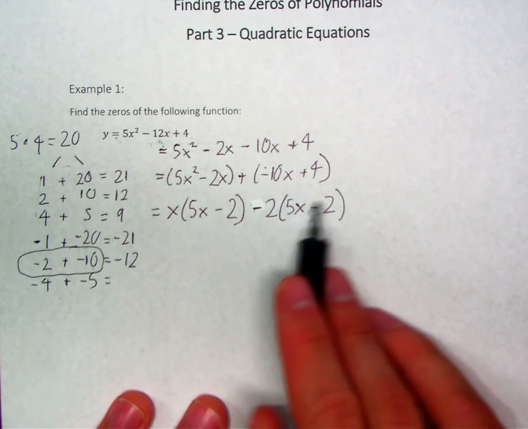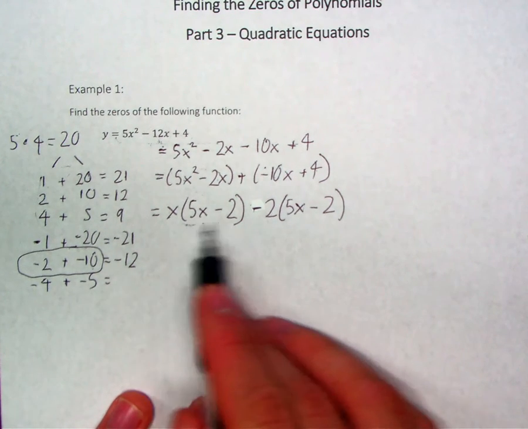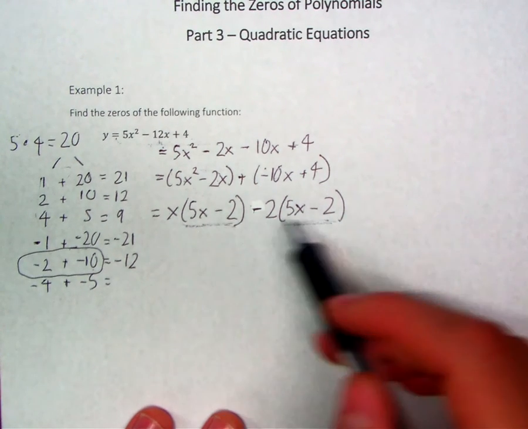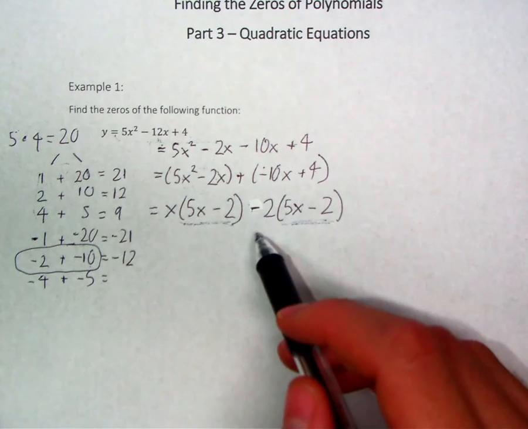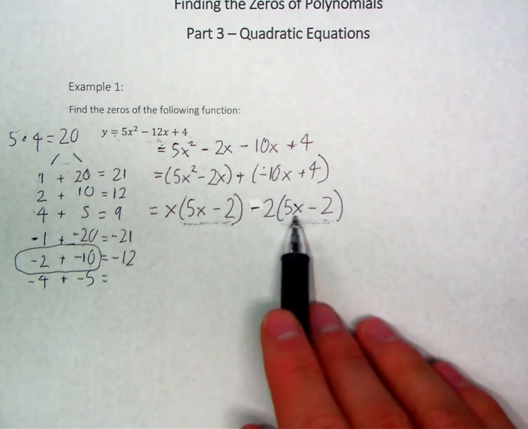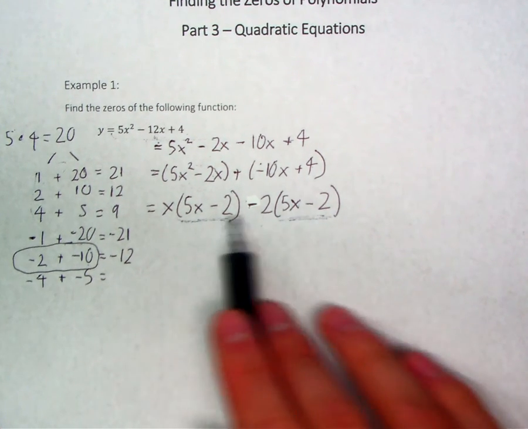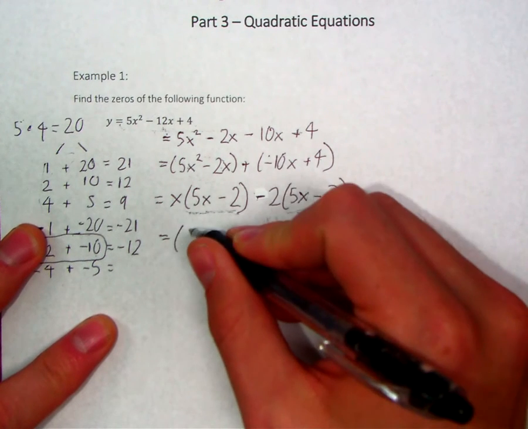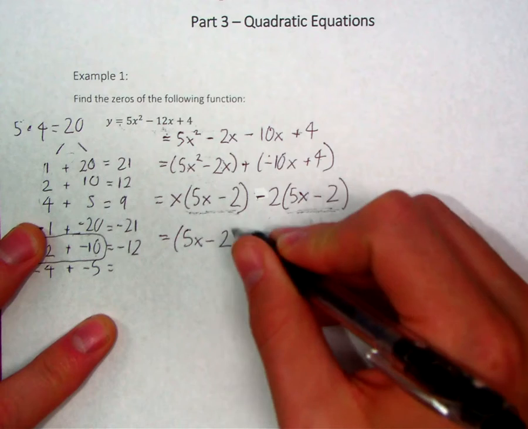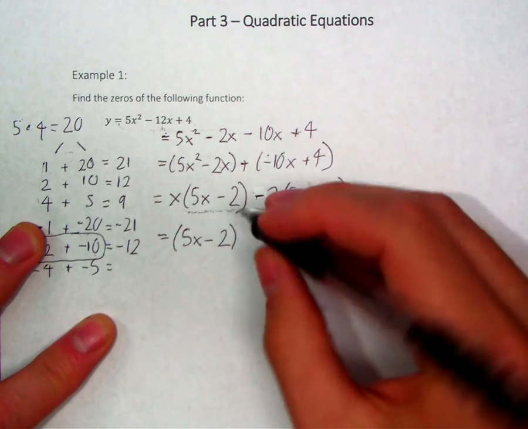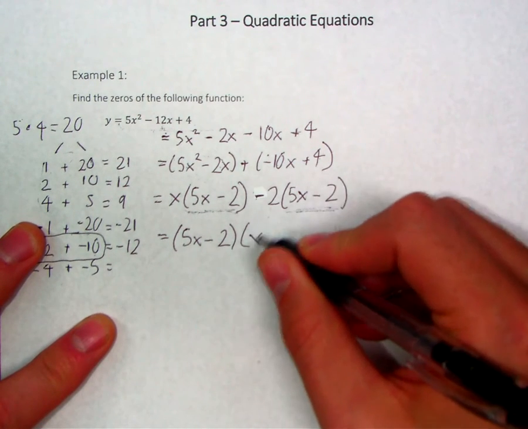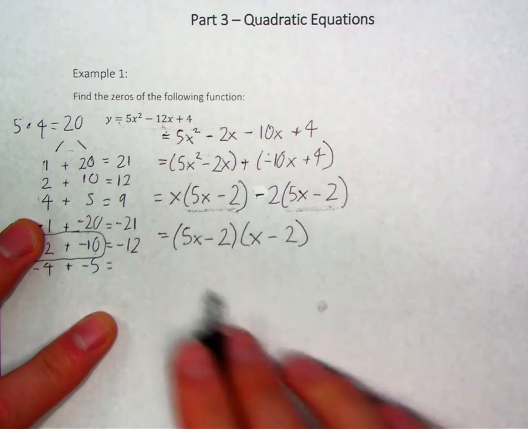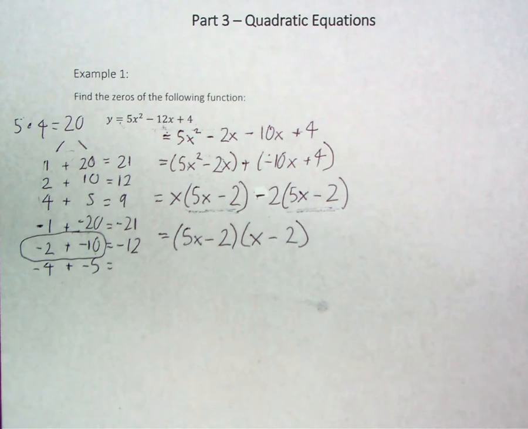And because the signs change, now I've got matching factors in both groups. And matching factors are important. If I had just divided a positive 2 out, the factors would not have matched. The factors need to match because I need to be able to divide 5x minus 2 out of both groups. That's why it's got to be there in both. If I do that, I'm left with an x minus 2. So there are my factors. That was the first step, finding my factors.